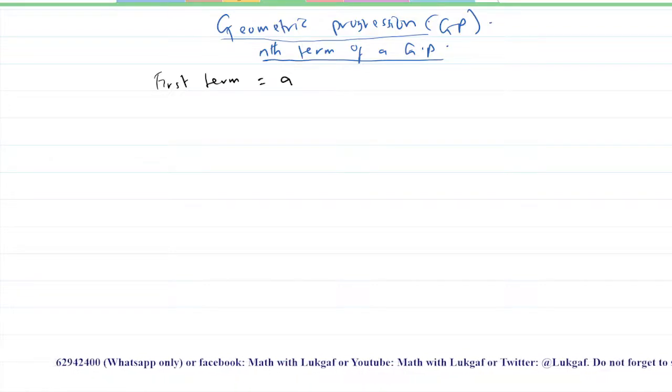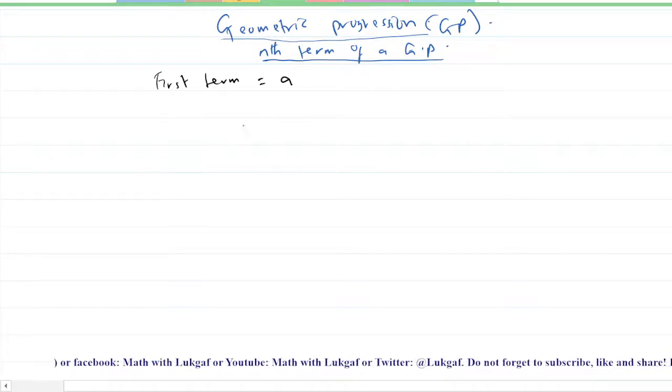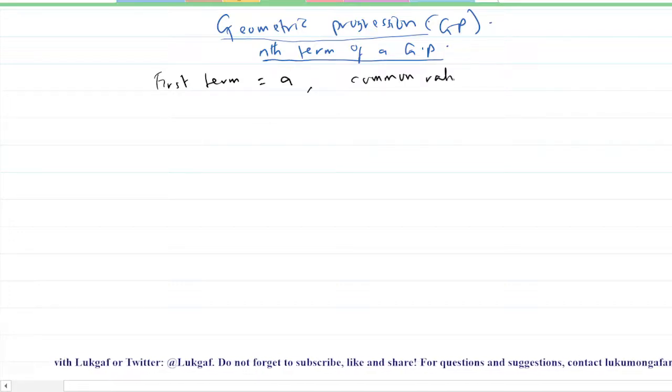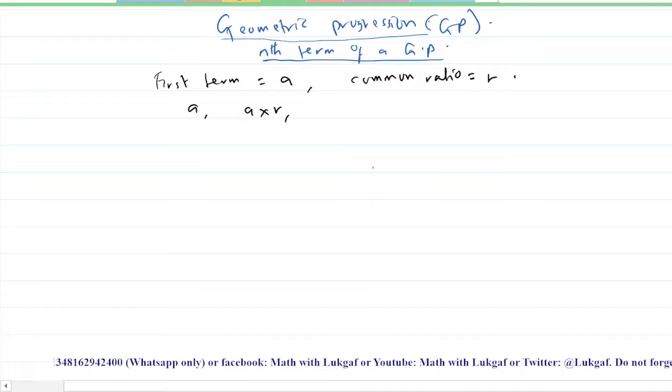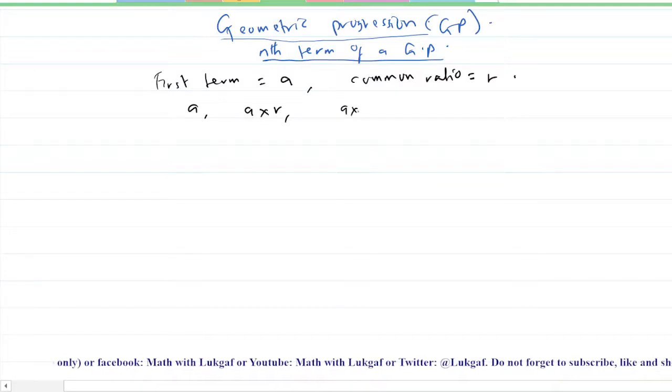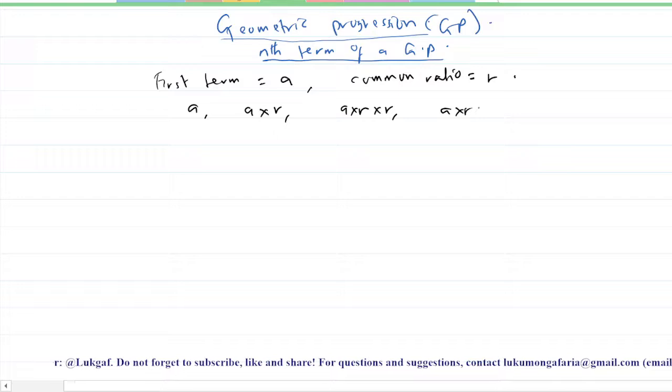Let's say we call the constant factor here the common ratio, so we have our common ratio, which is equal to R. So if my first term is A, my second term is A multiplied by R. My third term will be A multiplied by R, this is the second term, then multiplied by R. So my fourth term will be A multiplied by R, multiplied by R, multiplied by R, and so on.